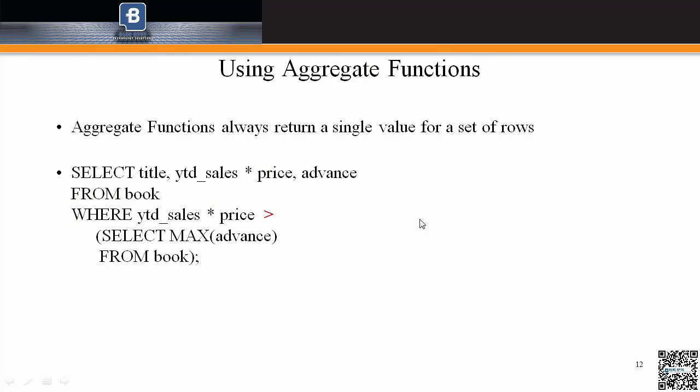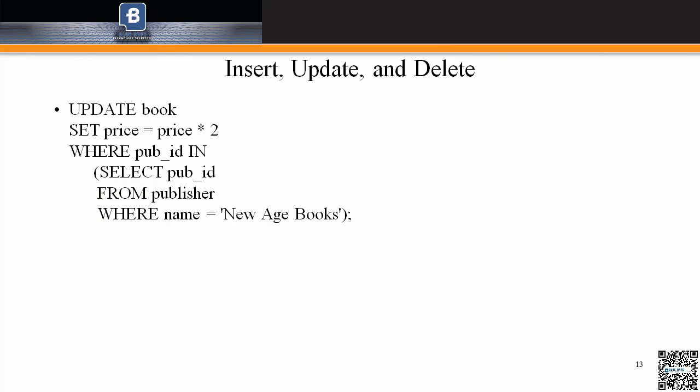So let's move on. I mentioned that you don't have to just use a subselect or a subquery inside of another select statement. You can use it with our data manipulation statements as well. I have an illustration here using an update statement. So I'm saying I want to update the book and I want to double the price of my books. I'm going to set the new price to be twice as much.